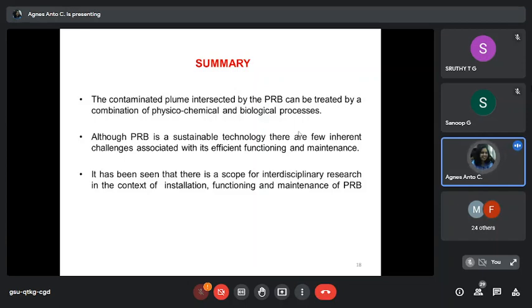When you use value-added materials, you can say PRB is a sustainable technology. But definitely, we have seen there are certain inherent flaws and challenges which have to be extensively researched with an interdisciplinary research approach, so that you can propose a very efficient method of operation of PRB.